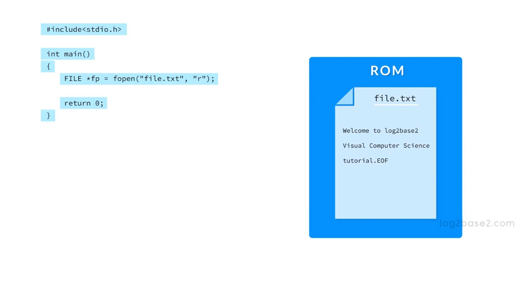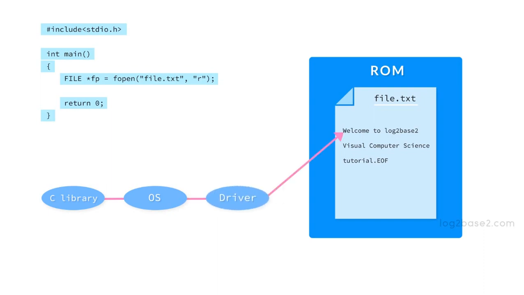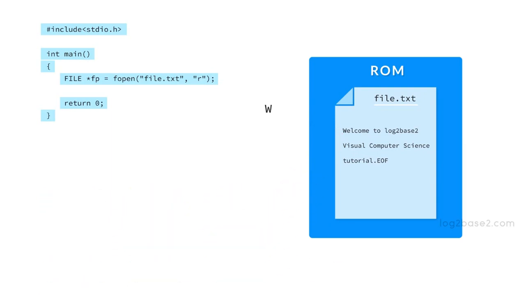For example, if we want to read a single character from file.txt, it will go through the C library and then call the operating system. Then the operating system will initiate the driver to read the data. So to read a single character, it takes a lot of resources and time.